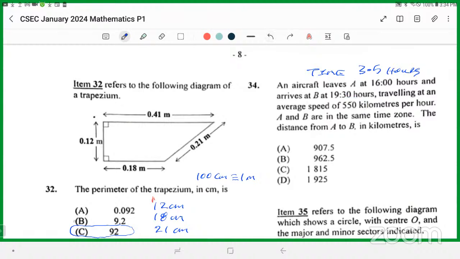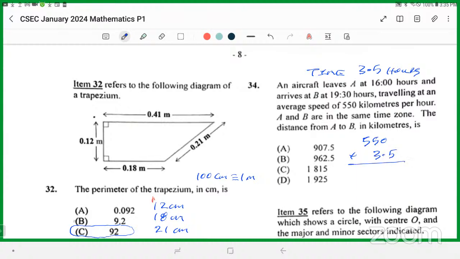To get the distance, you have to multiply them, because every hour it is doing this amount, and it traveled for 3.5 hours. So to know the total distance traveled, multiply this by 3.5 hours. So it becomes 550 times 3.5.